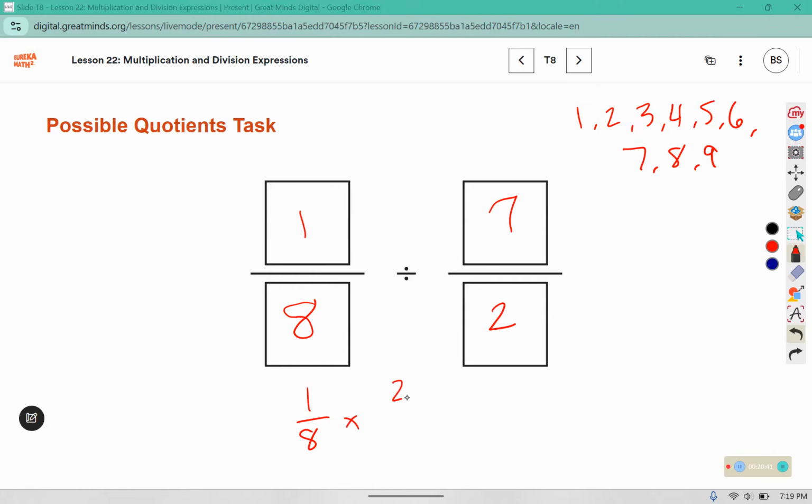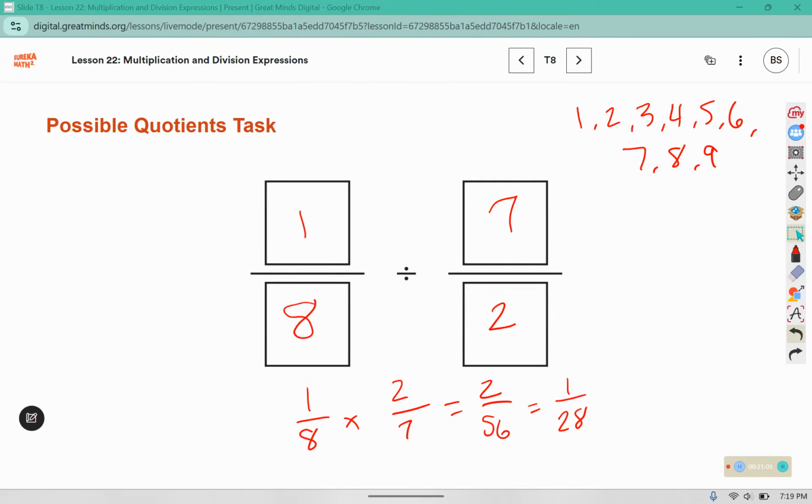And that would give you 2 over 7 times 8 is 56, or 1 over, if we reduce by 2's, 56 split into 2 parts is 28. Could you get something smaller than a 28?